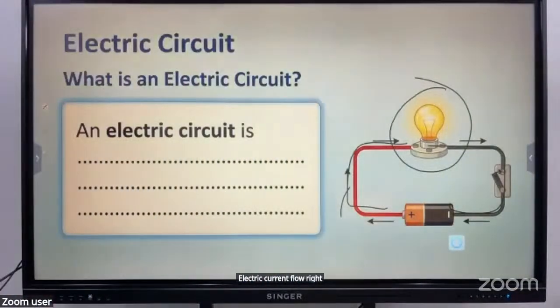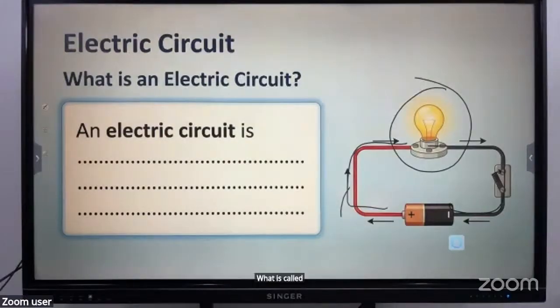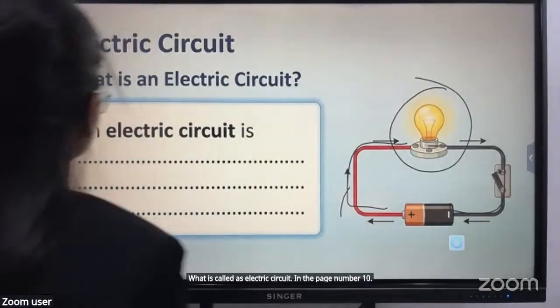Now we'll quickly write down what is called an electric circuit on page number 10, right?